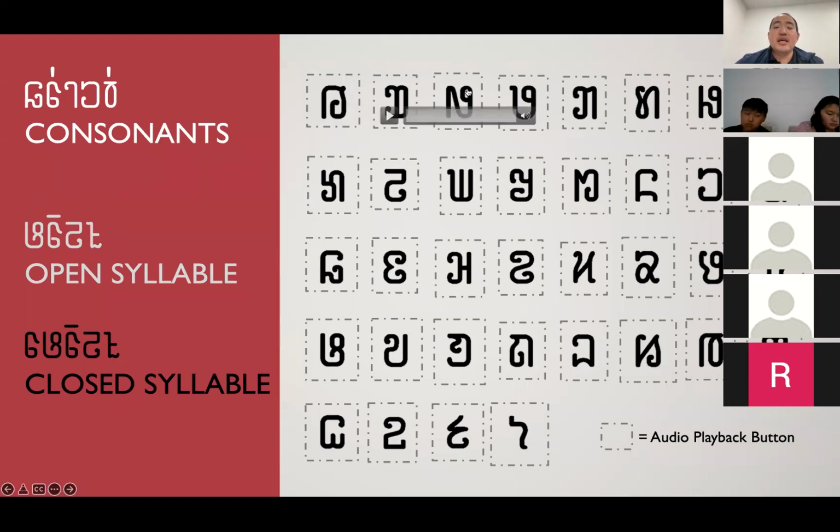Third one is dat. Fourth one dat. Fifth one's ha. And then nan. Okay.